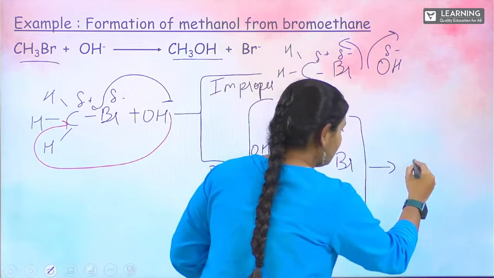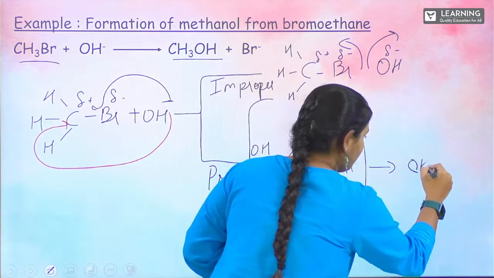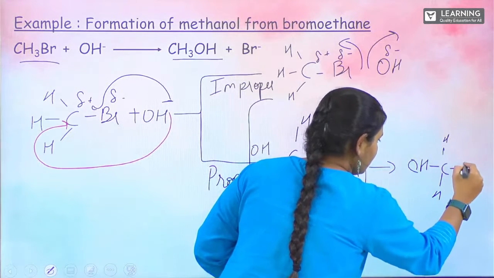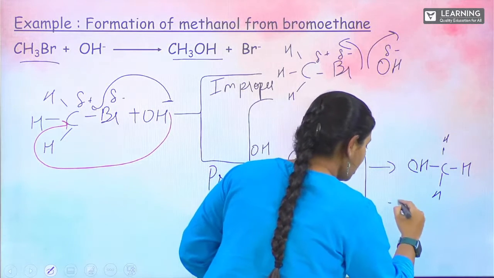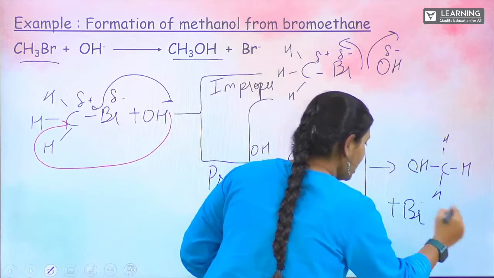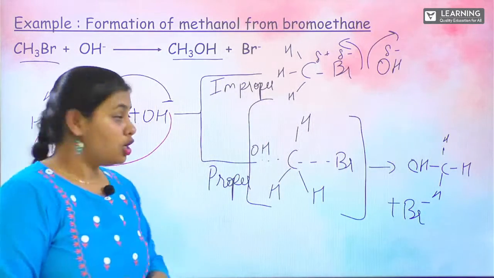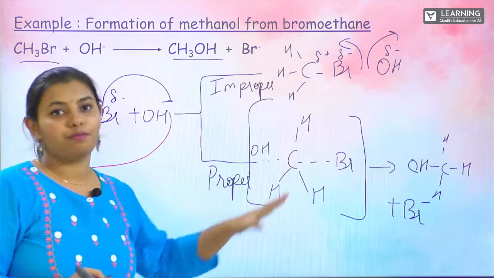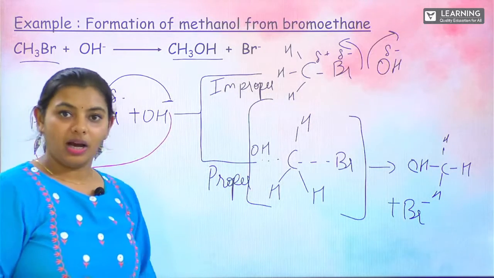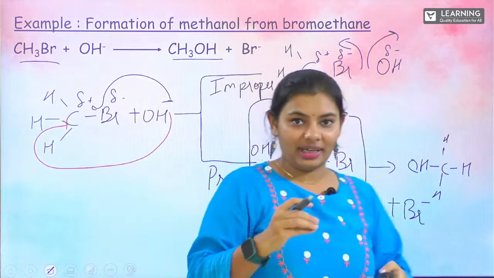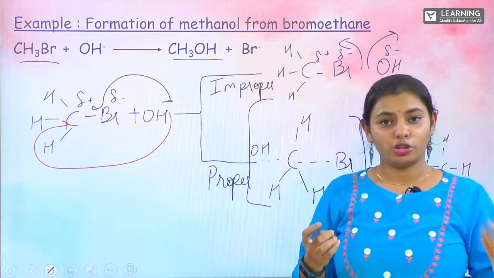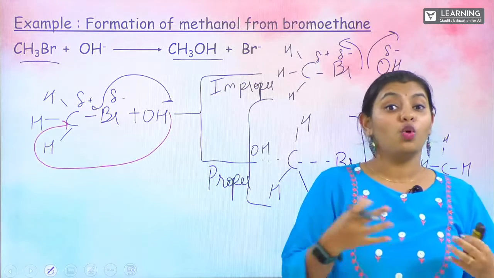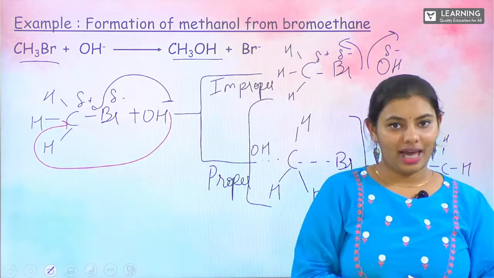So we can see here CH3OH plus Br minus is going to be given out. So only because of proper orientation, the desired product is being formed. Clear, students? So this is how we can tell the proper orientation and threshold energy plays a major role in collision theory, with respect to the rate of the reaction. Clear?